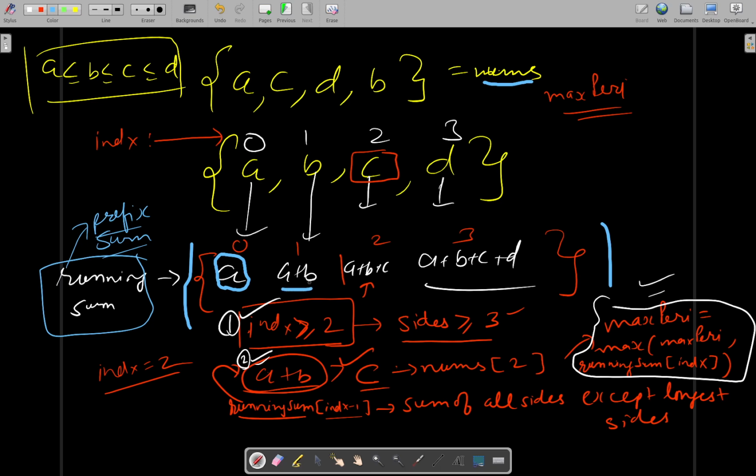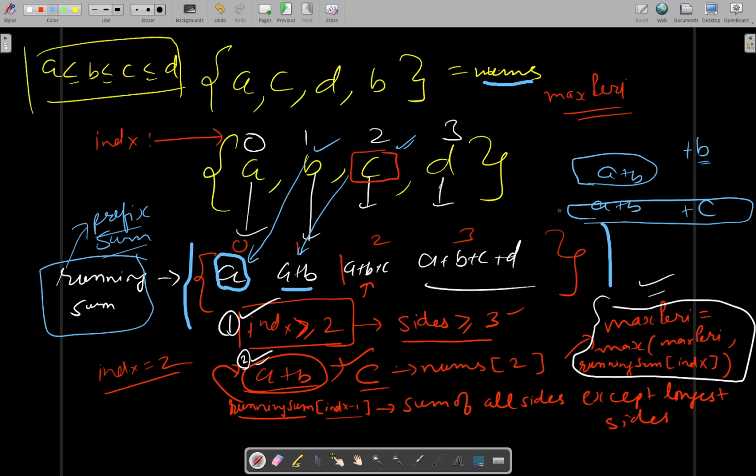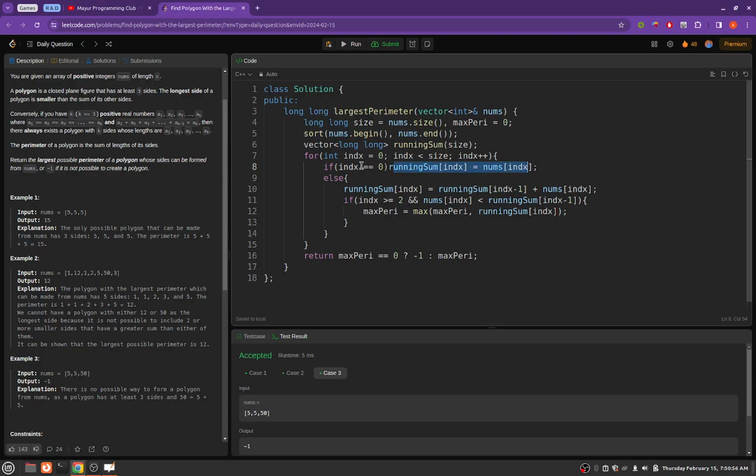If it's the second index, you take whatever is the value currently at nums, which is b, and one value previous for running sum, so it will be a plus b. Similarly, at this particular index, you take whatever is present in the nums array, which is c, and the one previous value of running sum, which is a plus b. So that is how this running sum is populated. Till here we are just populating our running sum.